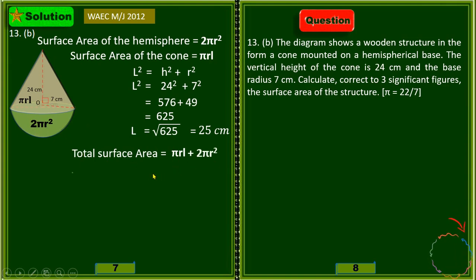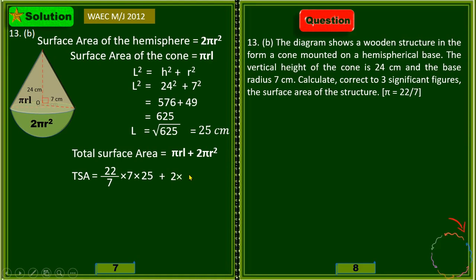Then we're now going to substitute our values. The total surface area of this shape will now give us pi, 22/7, multiplied by the base radius multiplied by the slant height we have calculated here, 25. Then we are going to add it to the surface area of the hemisphere.